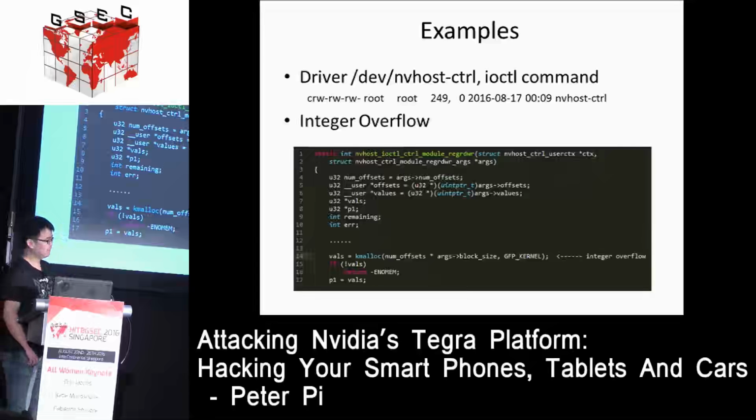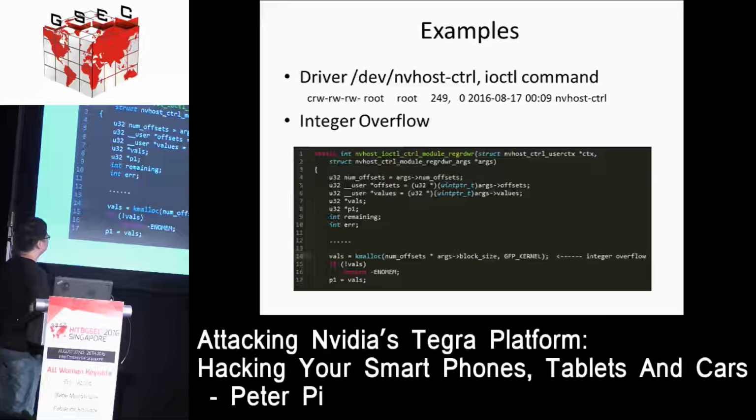There are some bug examples I found. The first one is in the driver nvhost-ctrl when handling one IO control command. We can see that this driver can be accessed by any user. And in the source code, there is an integer overflow when calling kmalloc on a buffer.